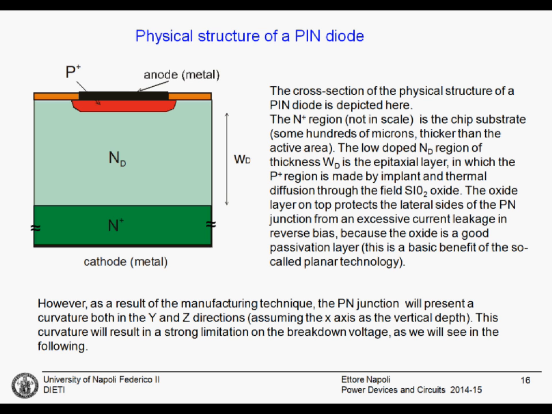As you remember from the basic physics courses, a curved junction, a curved amount of fixed charge will increase the electric field in that point. And we know that if the electric field approximately reaches the critical value in some point of the device, we have the breakdown, and that is our limit.